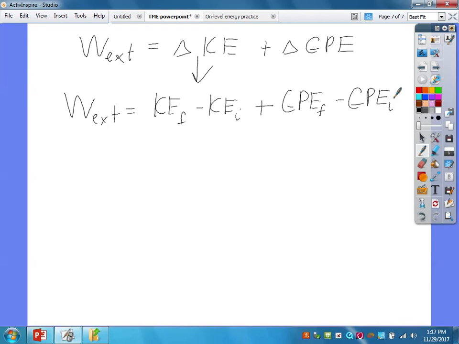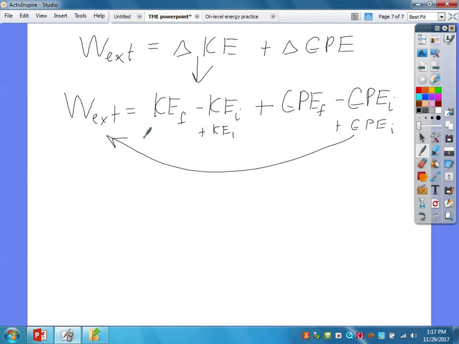Okay? So some people get scared by it. They're like, ooh, you just made the formula larger. Well, actually, I'm still not going to leave it like this. I don't like these minus signs. So I'm going to add the initial energies of both types to the other side.